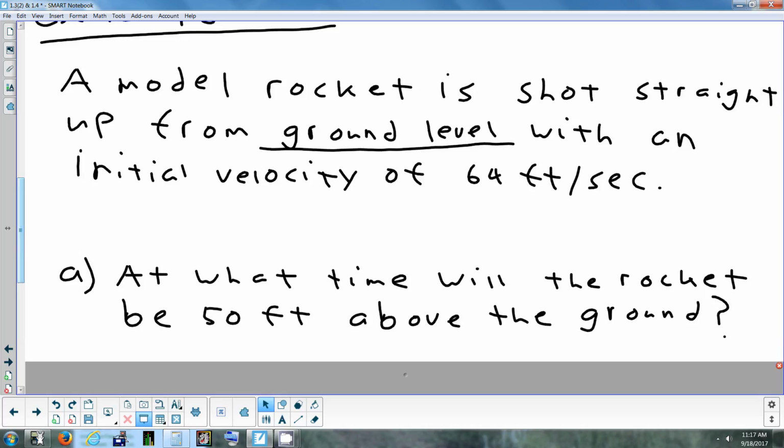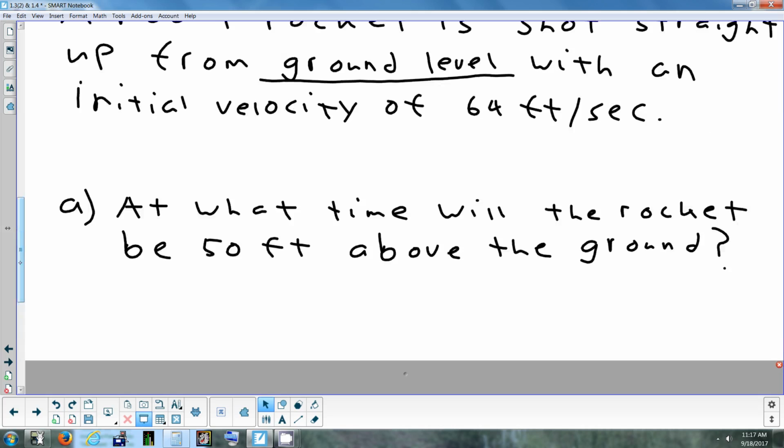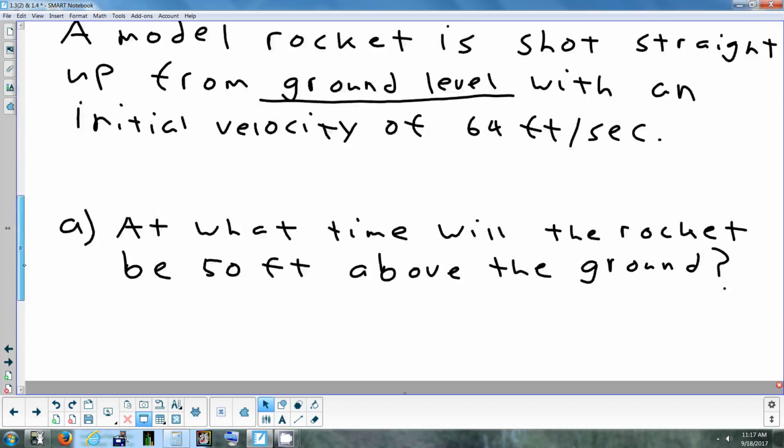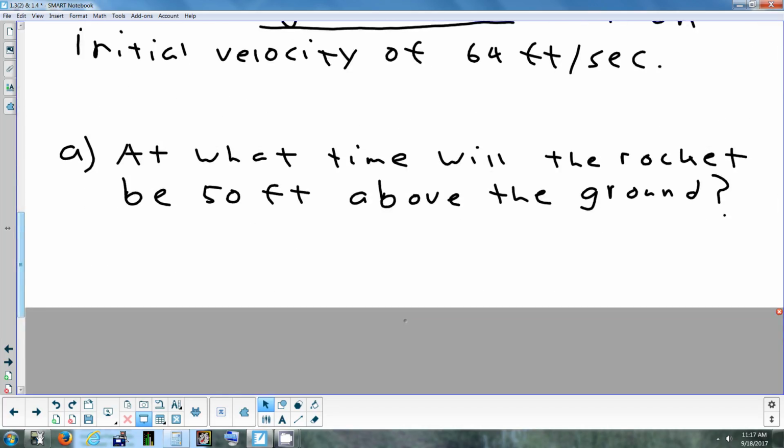Okay, so let's set up our equation first and then see if we can figure that out. S is just the letter our book used to represent the height. So the height as a function of time is -16t squared plus, what was my initial velocity again? 64.